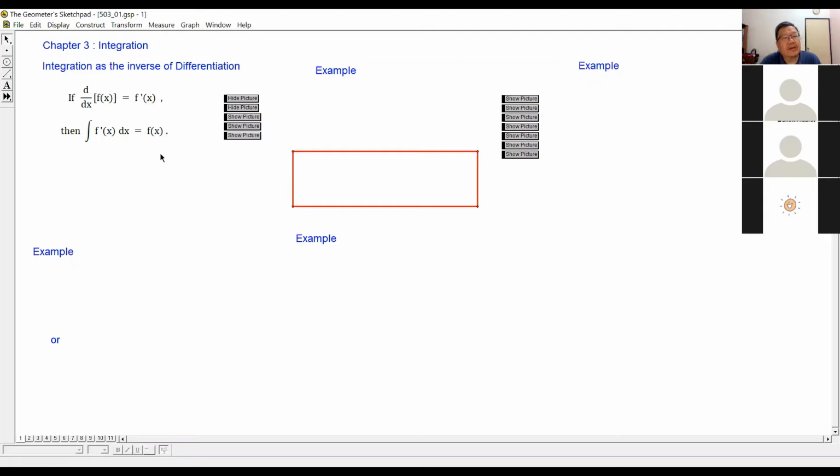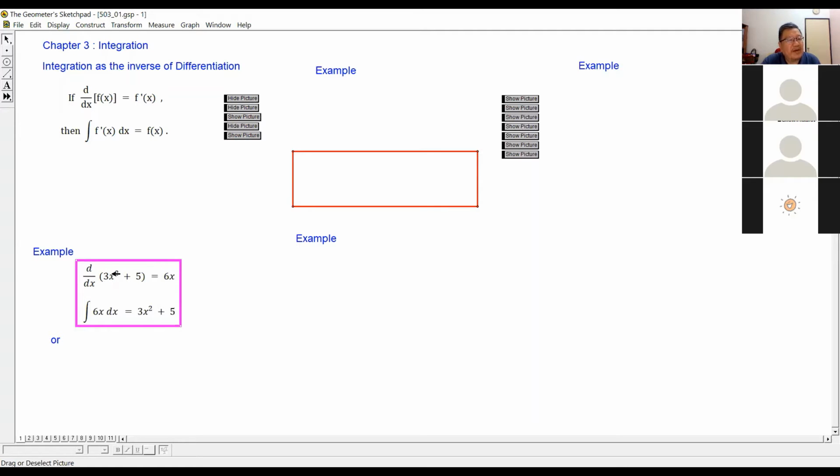So all you need to do is recognize two functions that are given to you. One is before differentiation and another one is after differentiation. The one after differentiation, if you integrate it, you will get back the one before differentiation. Next, we look at an example here.